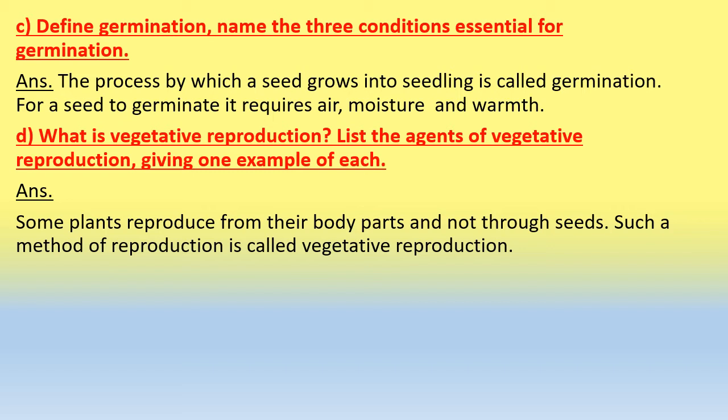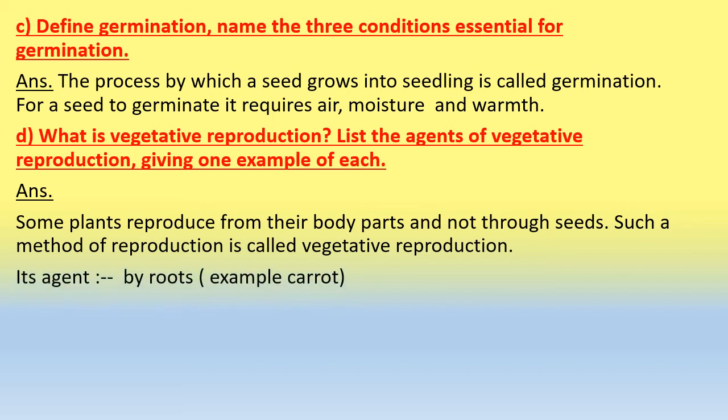Such a method of reproduction is called vegetative reproduction. As we all know, most plants reproduce through seeds, but if a plant reproduces from its body part, that reproduction is called vegetative reproduction.